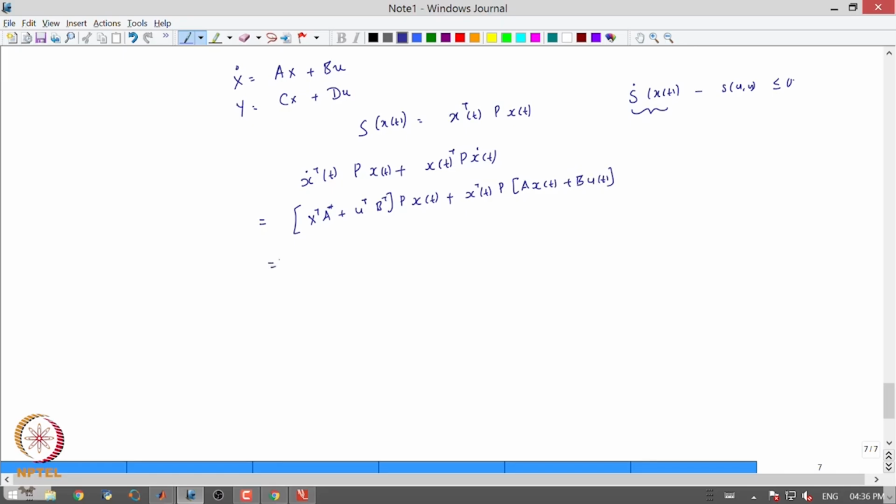Okay. So this I can club in the following way. I have x and u transpose, and x and u. What do I have here?